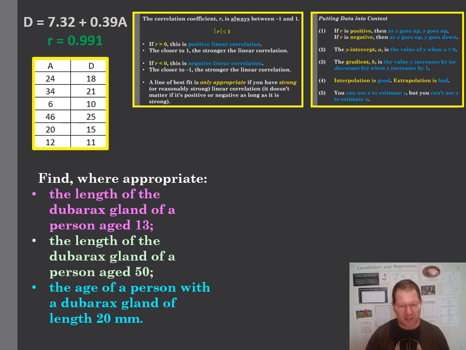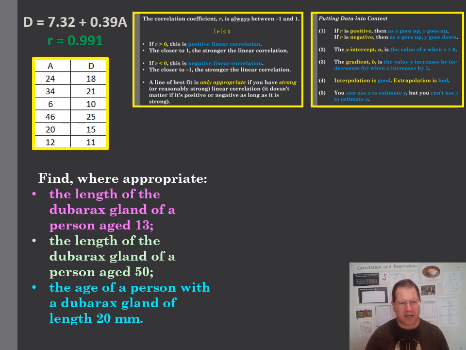And then finally, the age of a person with a Dubrex gland of length 20 millimeters. Now looking at the Dubrex gland information, 20 millimeters is within the range. The lowest is 10, the biggest is 25. However, putting data into context point 5 says you can use x to estimate y, but you can't use y to estimate x.